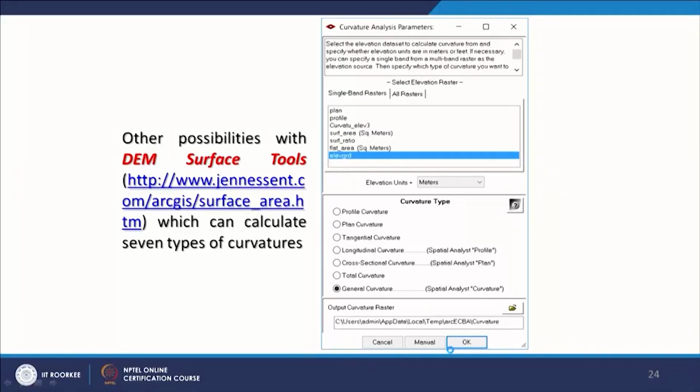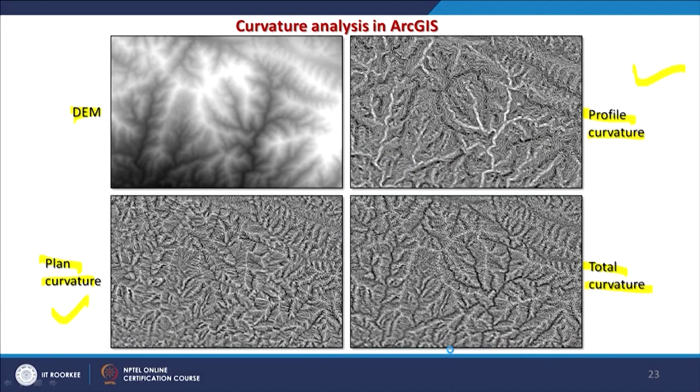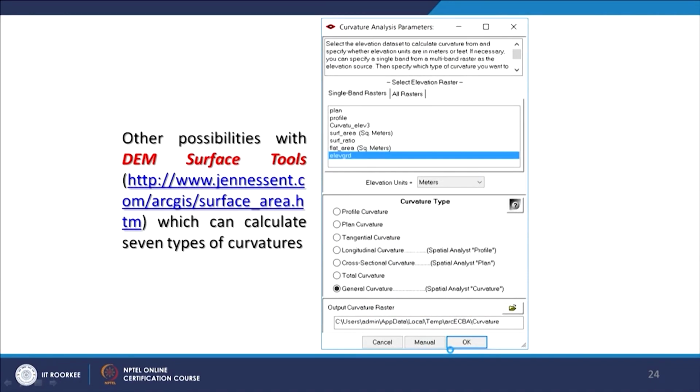In standard GIS software like ArcGIS, you may not get these facilities to calculate profile curvature, plan curvature, or use various methods. But there is an extension, available on the net free of cost, where you can calculate 7 types of curvatures.